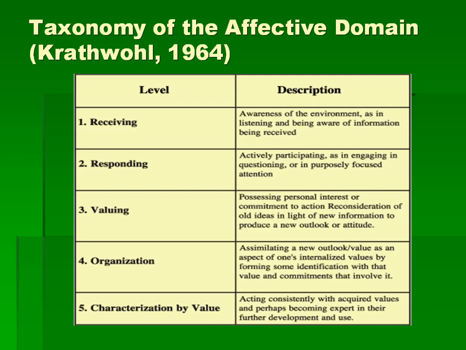And there would be certain behaviors that would be categorized in that way. And if you're totally involved in an art form, then you actually would be characterized by it. That's level 5. And those levels in between show different kinds of levels of engagement.